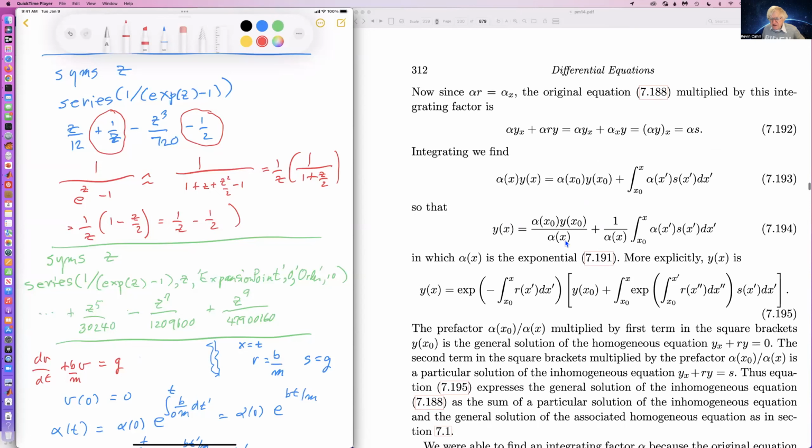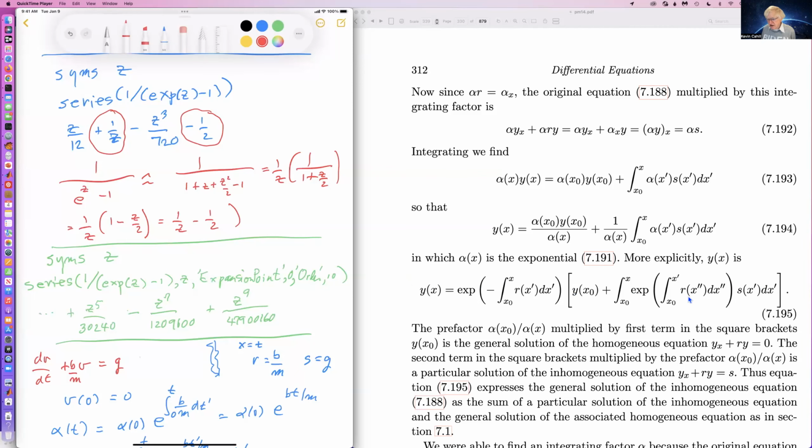And you can see that because over here, alpha of x is proportional to alpha of x0, so the alpha of x0 cancels. And here you have also the alpha of x0 of x prime, so the alpha of x0s cancel. So you can always set them equal to 1. Of course, what you get finally is the same equation.